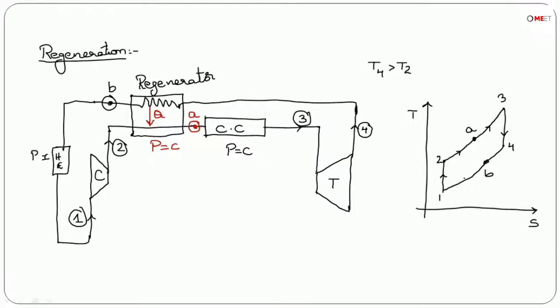So from 6 to 1 we can close the cycle like this. So here the net work that is developed will be the turbine work minus compressor work. So net work done will be turbine work minus the compressor work, and heat supplied will be from A to 3 process. So therefore let us write the formulas here.